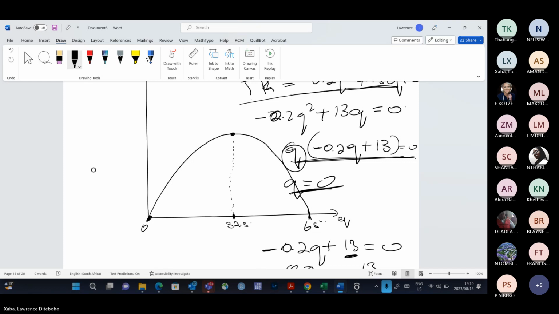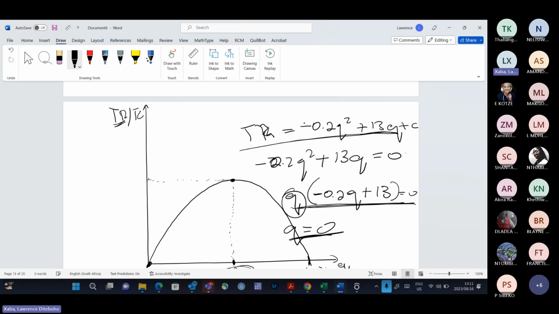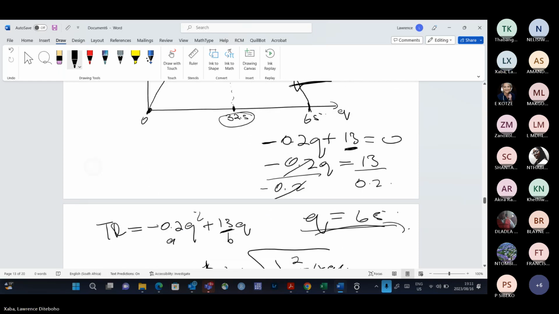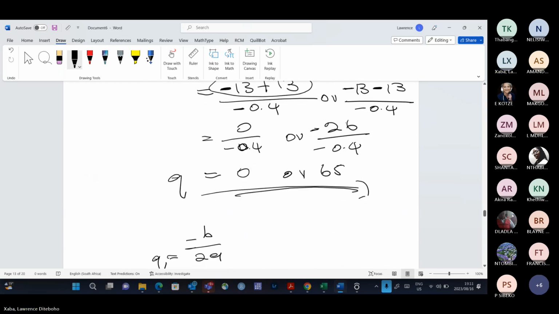Now you know that if you have this value, you can take that value and substitute it into the function itself. It will give you the value for our TR. So we know our TR is negative 0.2 Q squared minus 13Q. What is the value?